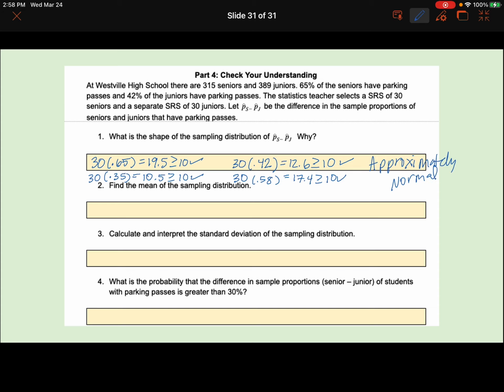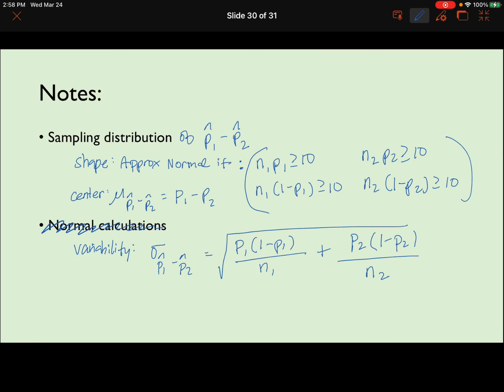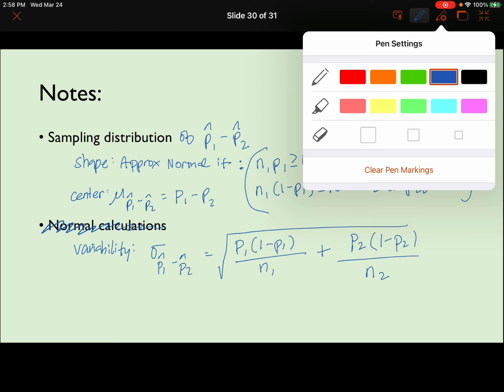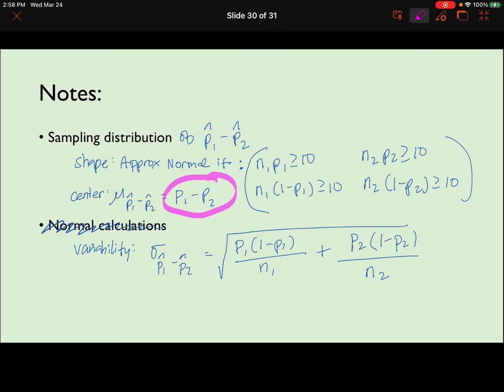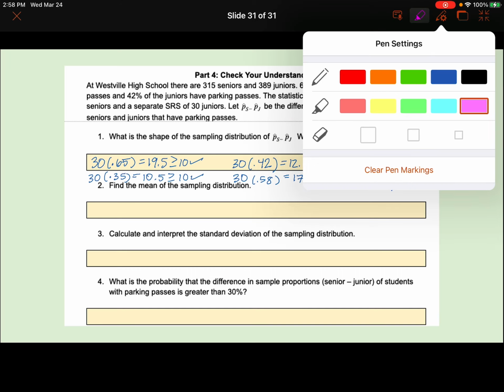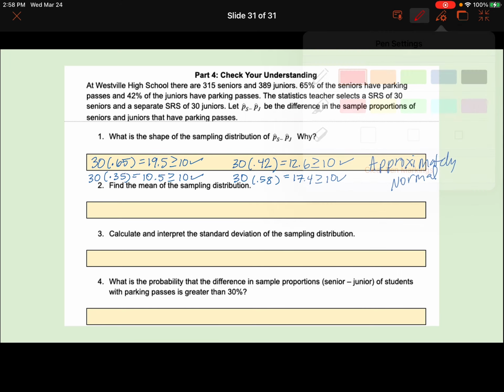All right, next up, we're finding the mean of the sampling distribution. So looking back at our notes, that is this part. All I need to do is subtract the population proportions. Because we're doing seniors minus juniors, I have to make sure to do that in the right order. Oh, it looks like I said the wrong thing.